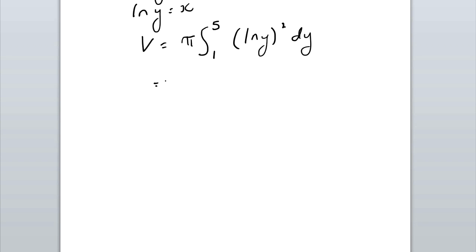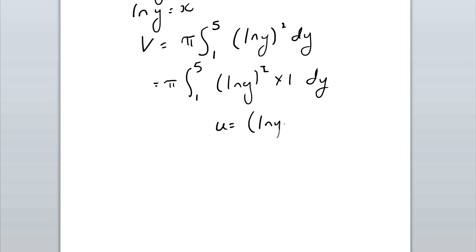So the volume is equal to pi, integral of my lower and upper bound, natural log y squared multiplied with 1 dy. Now this is going to help me to set up my integration by parts. So I'm going to say u is equal to natural log y squared, and dv dy is equal to 1.